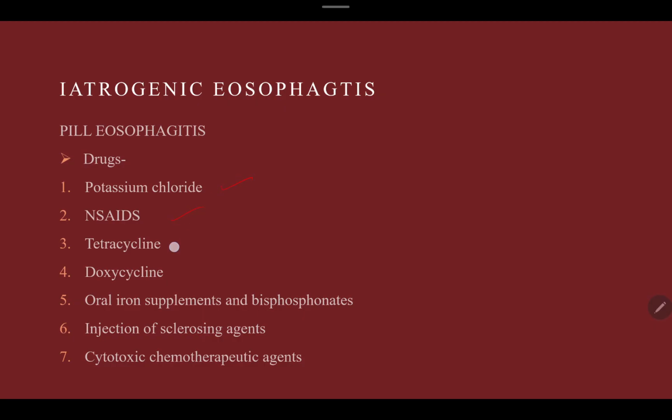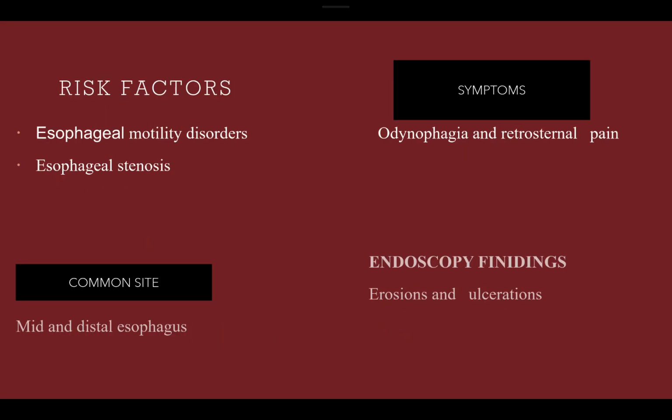Potassium chloride, NSAIDs, tetracycline, doxycycline, iron supplements, bisphosphonates, and injection of any sclerosing agent or cytotoxic chemotherapeutic agents. Chronic usage of these drugs can cause pill esophagitis. Risk factors are esophageal motility disorders or esophageal stenosis. It is seen in the mid and distal esophagus.